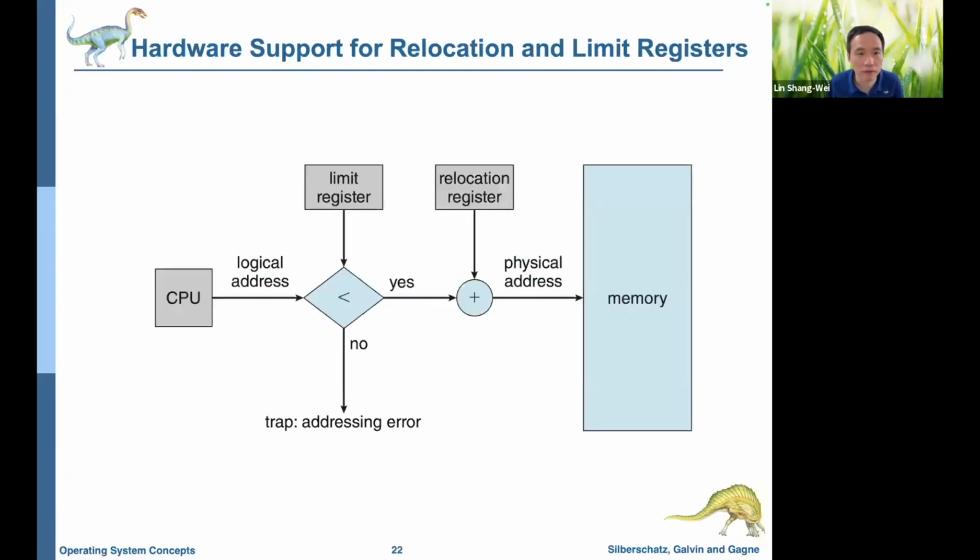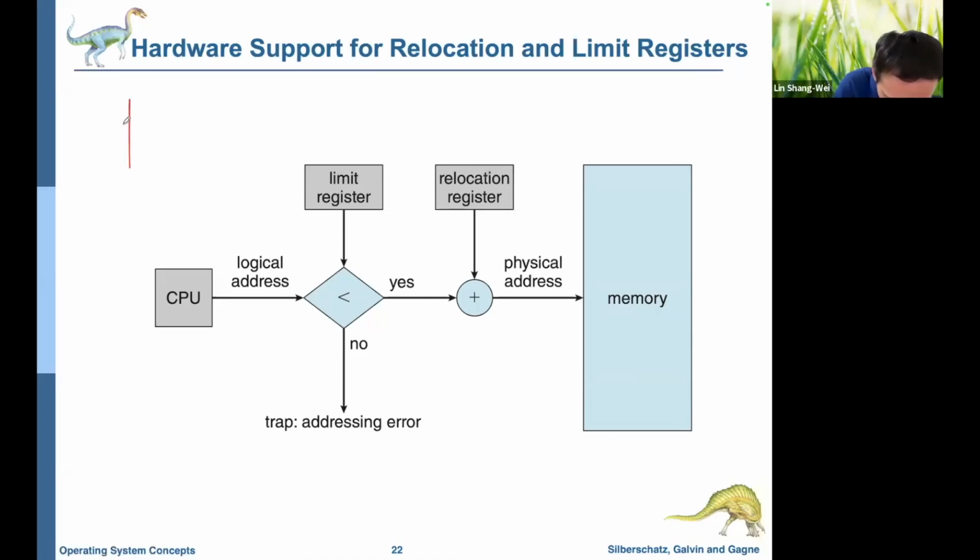This is the flow. Again, we have a flow chart here. Whenever the CPU wants to access memory with a given logical address, we compare this logical address with the limit register only. We don't compare with the base register. Why? Think about why. Let me try to draw it here.